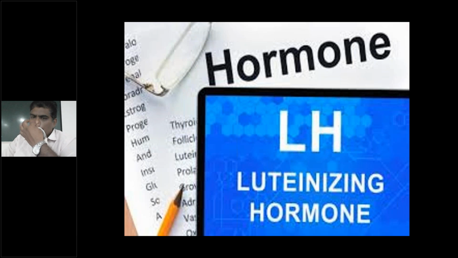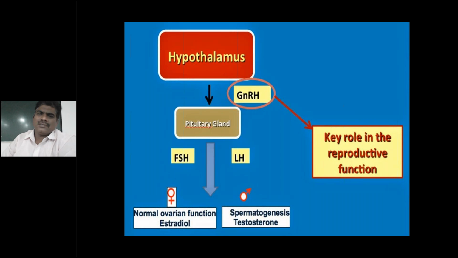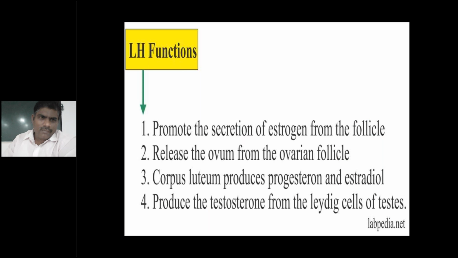Let's see the role of luteinizing hormone. This luteinizing hormone is secreted by the anterior pituitary gland, and its release is again under the control of the gonadotrophin releasing hormone. As usual, it supports normal ovarian function and helps in the release of estradiol, and in males, spermatogenesis, and it facilitates release of testosterone.